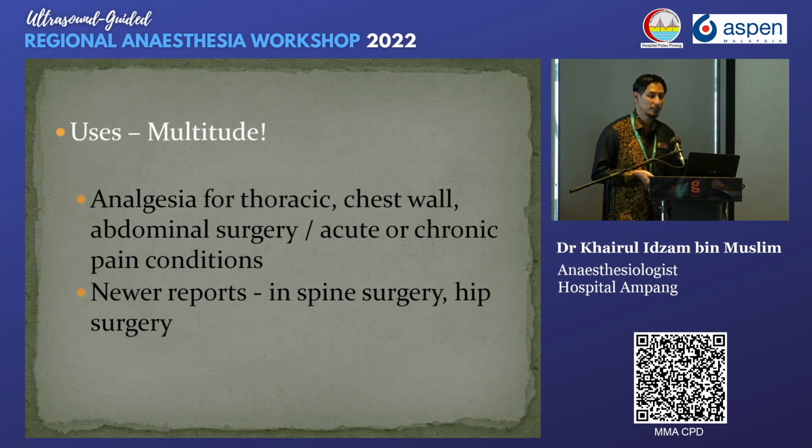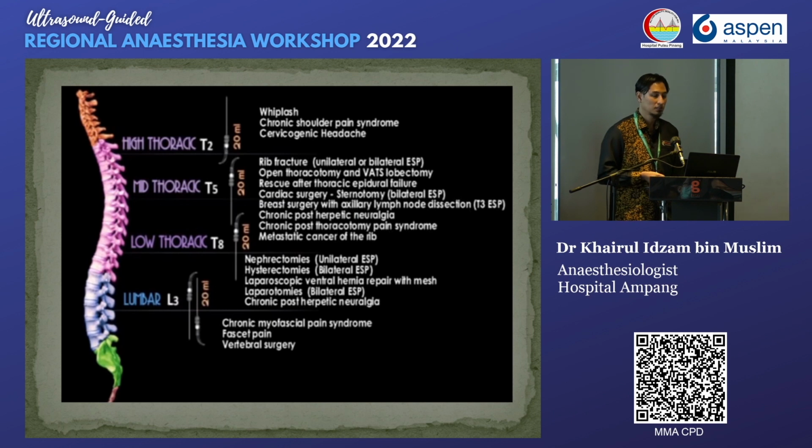So there are multiple uses: analgesia for thoracic, chest wall, and abdominal surgeries, and acute or chronic pain conditions. Newer reports say ESP also can be used for spine surgery and hip surgery. The common indication to perform ESP in the ICU is rib fractures.